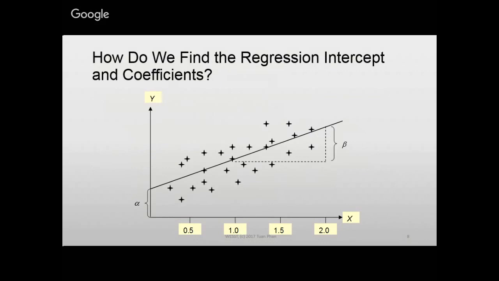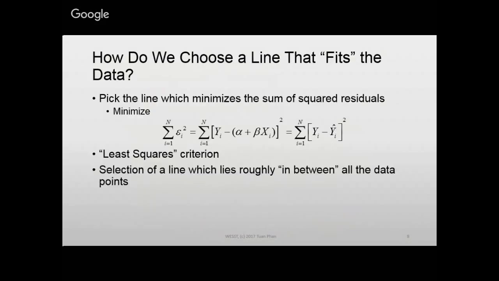It's really along the y-axis, the difference between this point and the line. We're trying to find the alpha and beta that minimize this distance. That's what this equation says, and we square it to remove any positive or negative signs and to penalize points that are further away from the line. So the algorithm will try to find these alphas and betas.